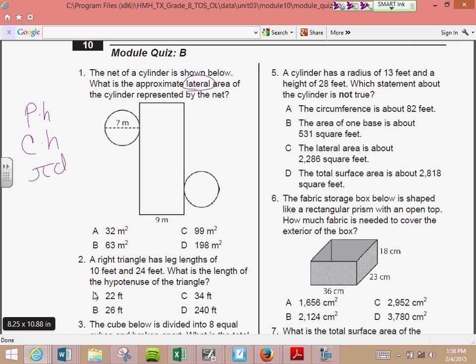I know, but I keep hearing somebody else saying times r squared. This could be pi times r times 2, not times r, because r times 2 gives me diameter, right? So that would work, but it will not work if you square the r. Do not square the r for the circumference.